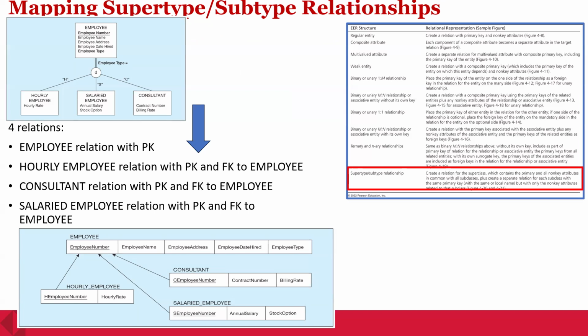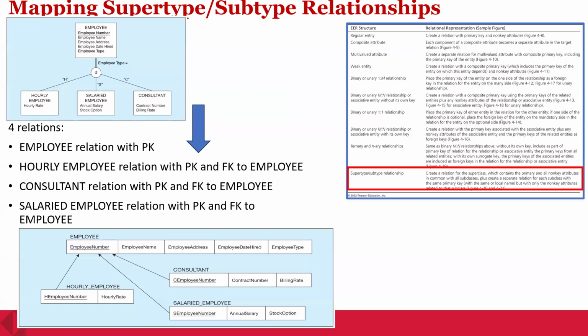Very important here. For every type of subtype, we are going to add a primary key to each of the subtypes, but this primary key is also going to be a foreign key to the supertype primary key. Again, as you can see, we add employee number to each of the subtypes, and we also add specific attributes for each of those subtypes. So in this case, for hourly employee, we add hourly rate, which is a part of the entity relationship diagram.